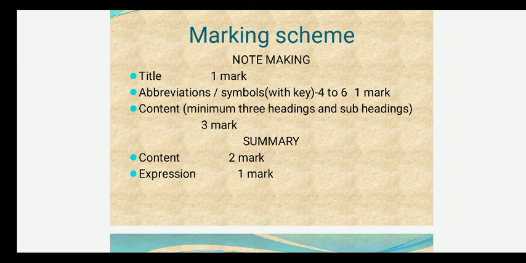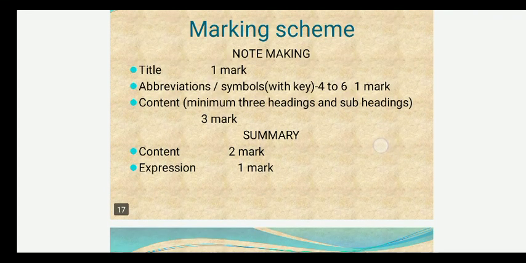So you may consider what I'm telling instead of what is written here. So please keep in mind, 1 mark for title, and you have 3 marks for note making. Out of these three, two for note making and one for abbreviation.